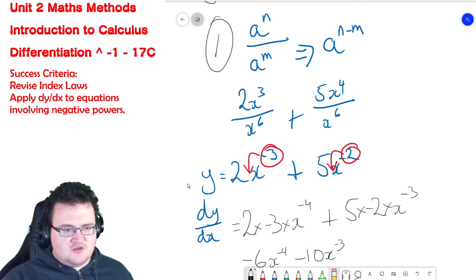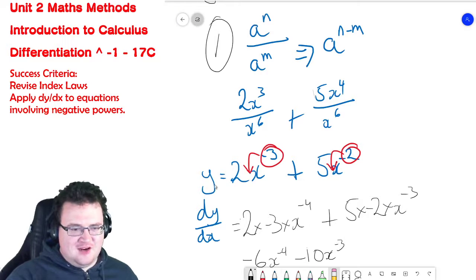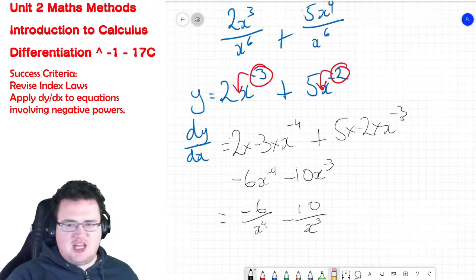Now, some of the questions from 17C mention first principles. No. Just no. All right. You are not expected to do first principles on this stuff.